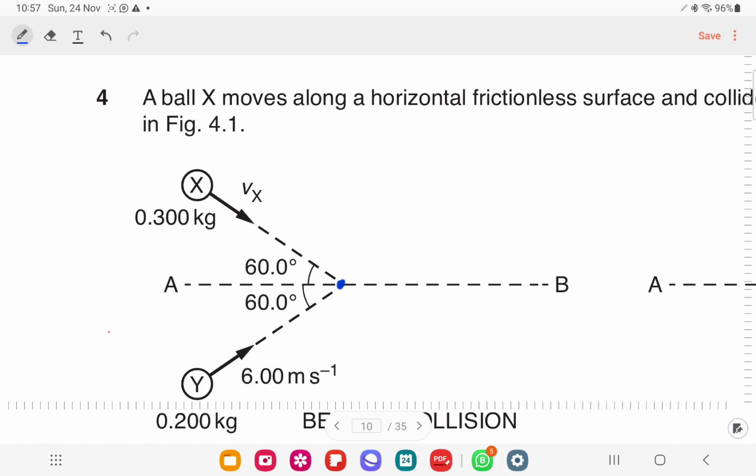Okay, so I am making a right angle triangle for Vx.